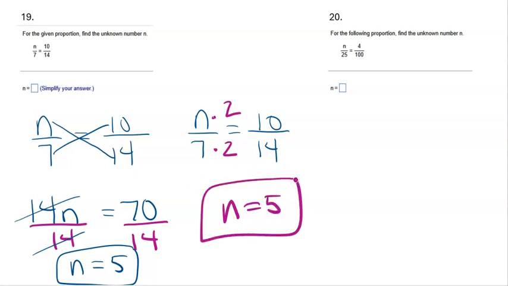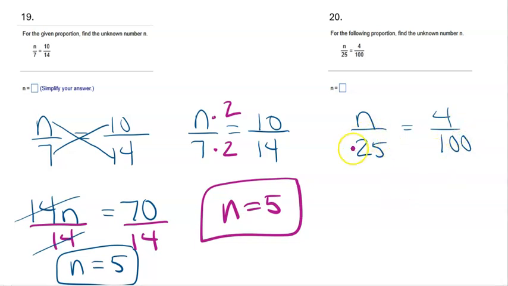Now again, that makes you almost think a little bit harder compared to the cross product method. So you do what you feel is best, but I really like the cross product method, even though that algebra step we haven't officially learned in this class. We will in a later section, but I want to talk about it both ways. So on this next problem, again, n over 25 is equal to 4 over 100. So let's think about it the second way.